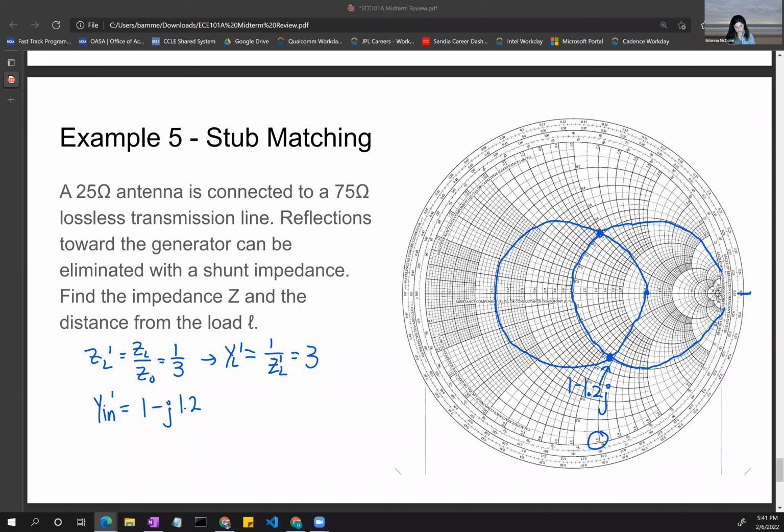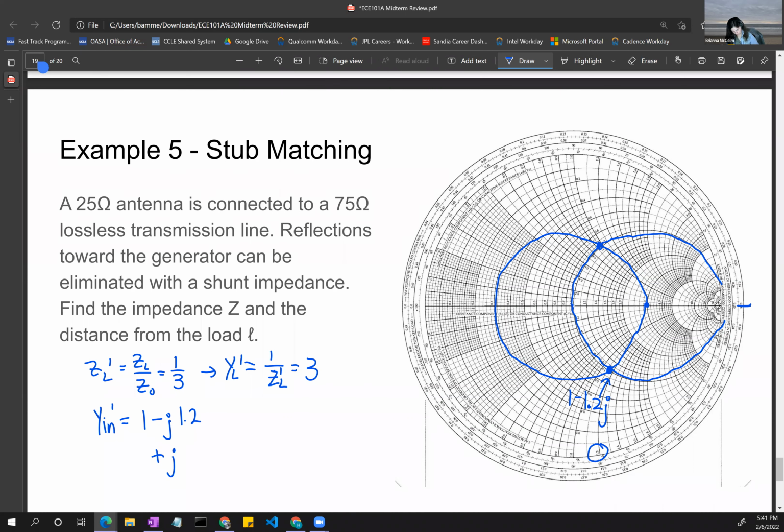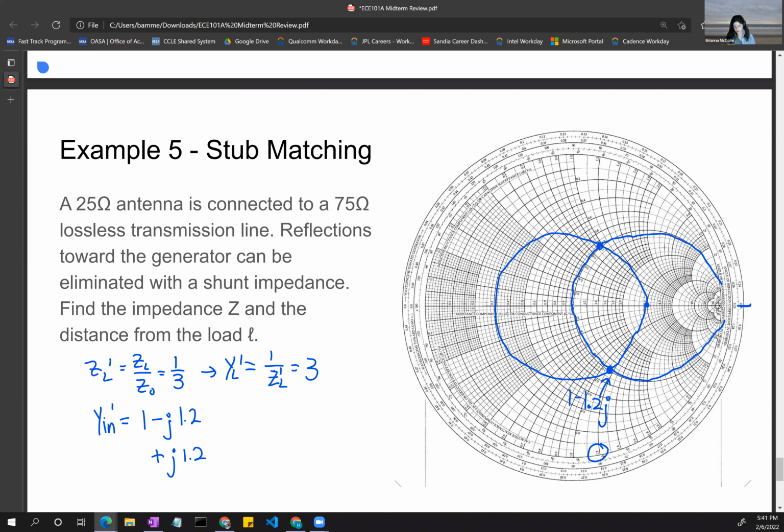Okay, so now we have this input admittance and we want to get rid of this imaginary part. And so the way that we would get rid of this imaginary part is we want to add a j1.2 quantity so that it cancels with this negative j1.2 quantity. And that would just leave us with a completely resistive transmission line.